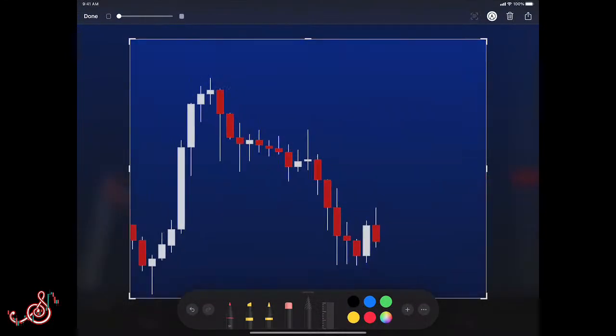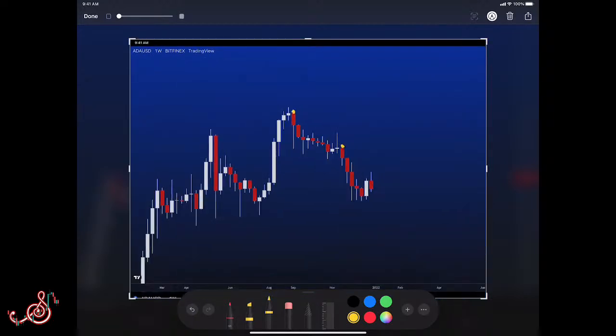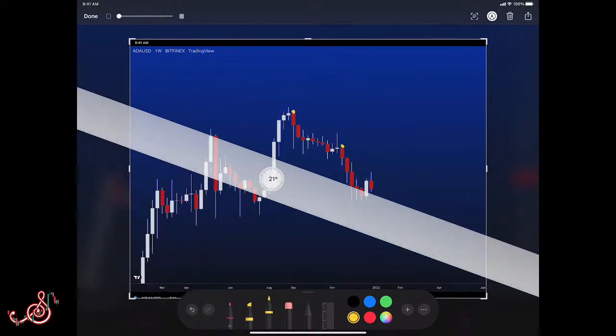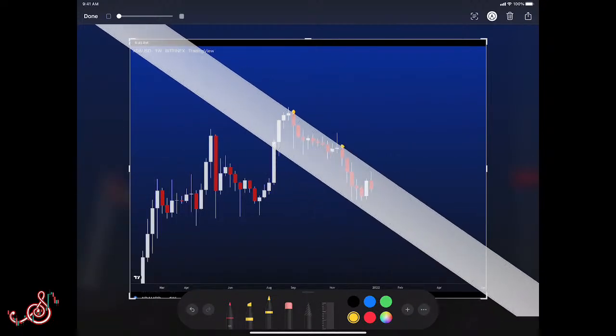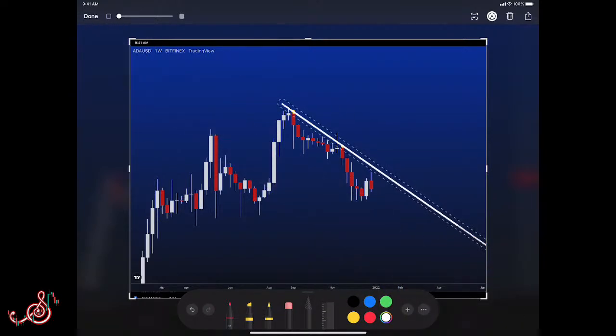On the weekly chart, here and here, connect those dots and draw them out. They are the angle of the course. So you need to beat this line. That's the first thing you need to beat for ADA.